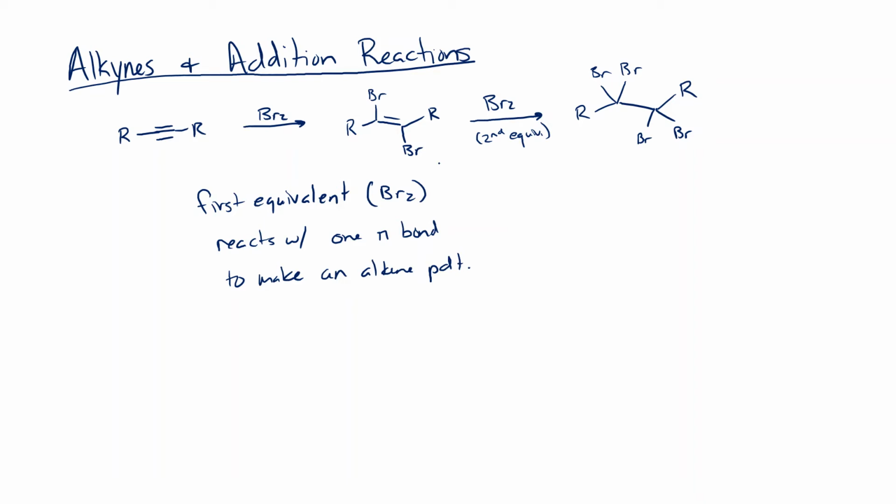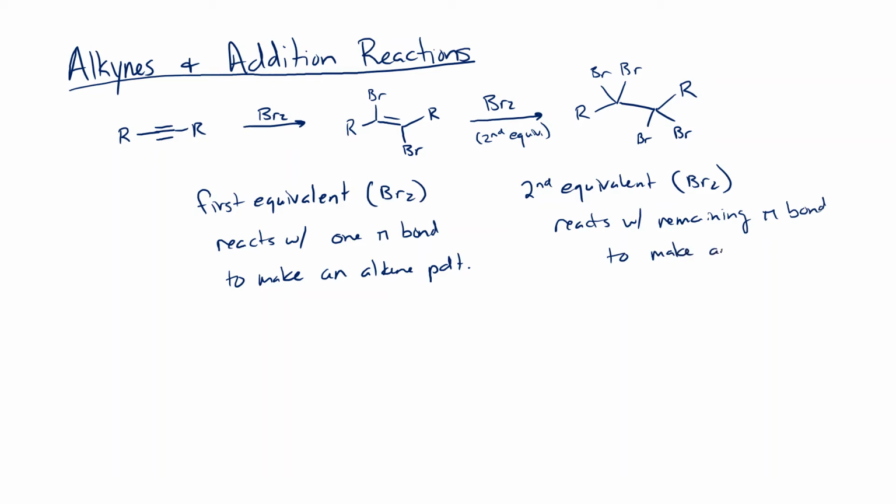Right, so that's this one here. The second equivalent of whatever, in this case Br2, we're going to do multiple examples here, reacts with the remaining pi bond to make an alkane product.